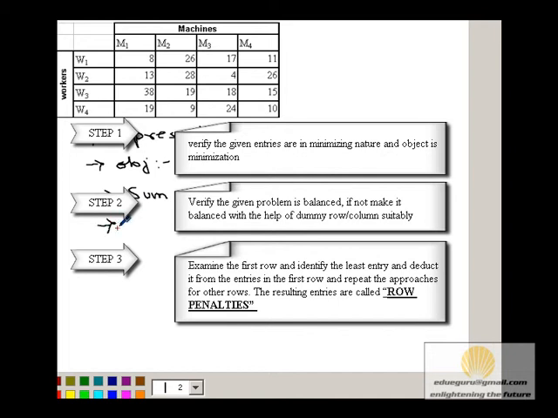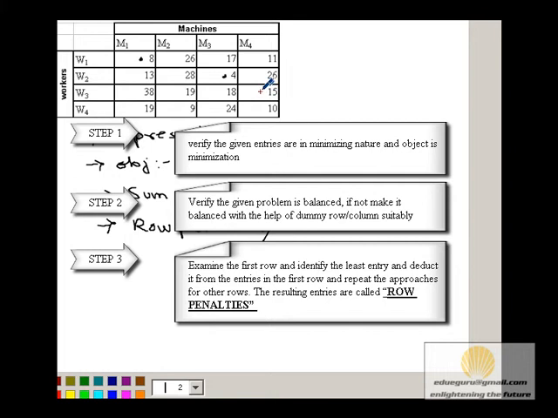The next step involved is row penalties. In row penalties we mean we have to subtract each row by the least cost in that particular row. So we identify the least cost in each row and subtract that cost from all the cells in that row. In this particular sum we have 8 in the first row, 4 as the least cost in the second row, 15 as the least cost in the third, and similarly 9 in the last one.